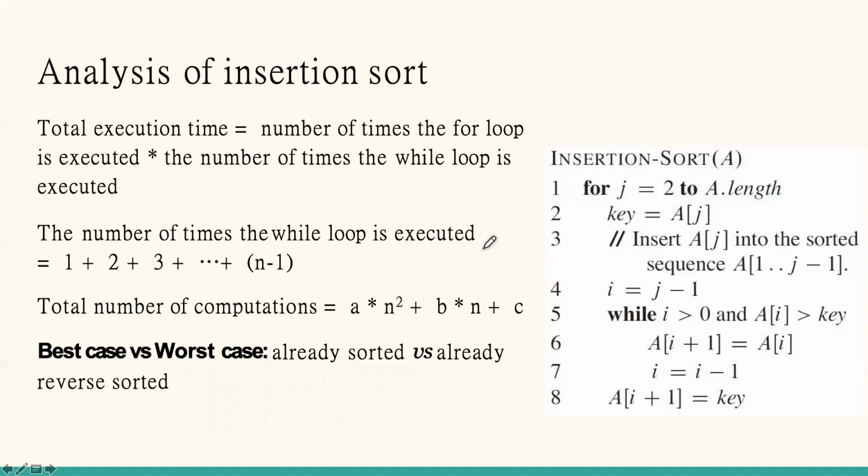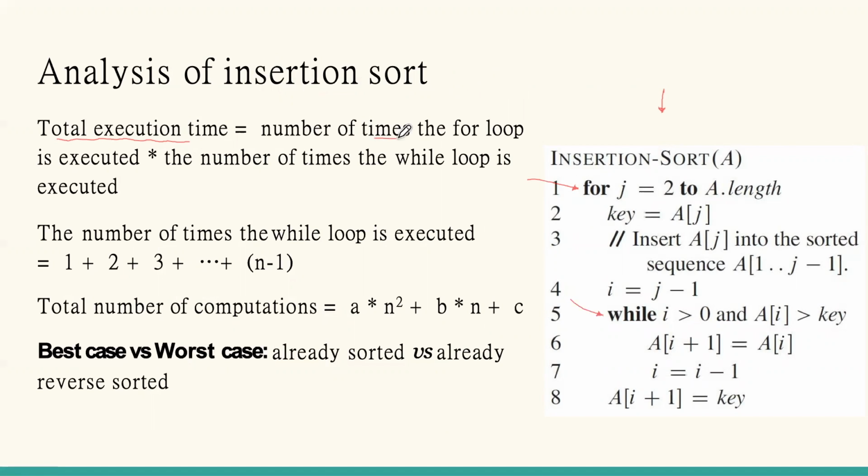Now let's look at the running time of the insertion sort algorithm. Here's the algorithm on the right-hand side. The total execution time is determined by how many times the outer for loop runs times how many times the inner while loop runs.